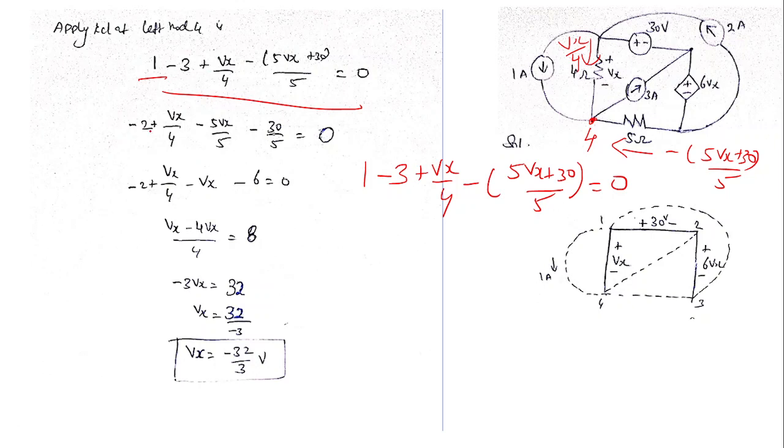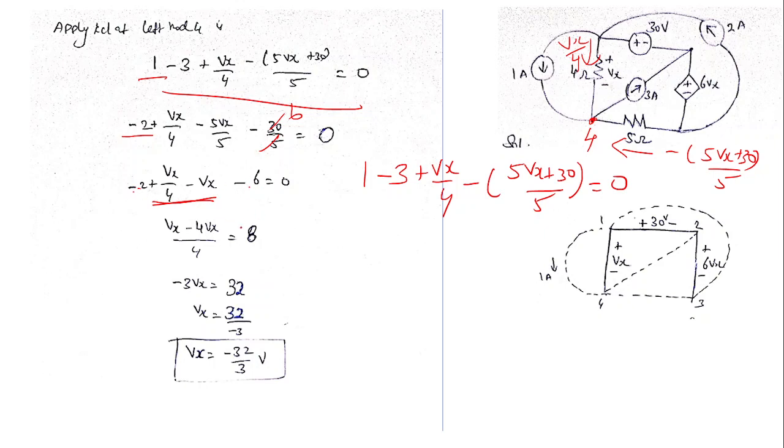So 1 minus 3 will be minus 2, plus Vx by 4, minus 5 Vx by 5. I am just separating this. Minus 30 by 5 equal to 0. 30 by 5 is 6, so minus 6. So minus 2 plus Vx by 4 minus Vx minus 6 equal to 0. Adding minus 2 and minus 6, it is minus 8.